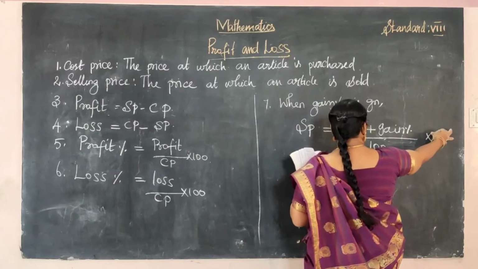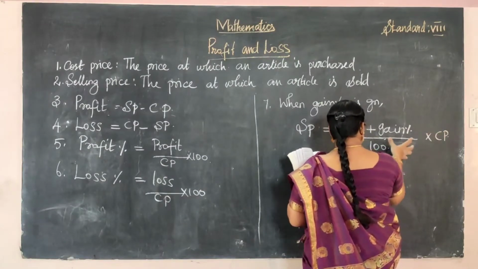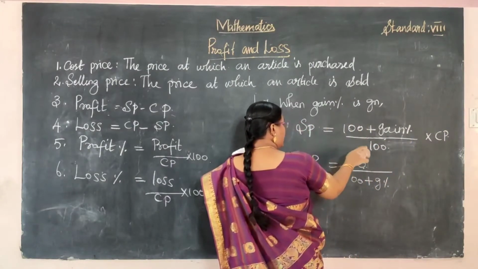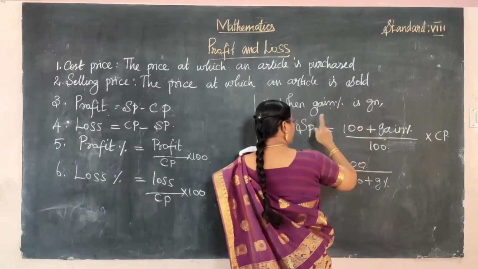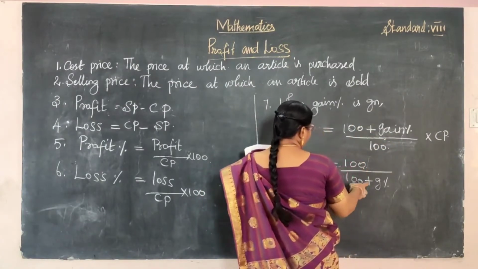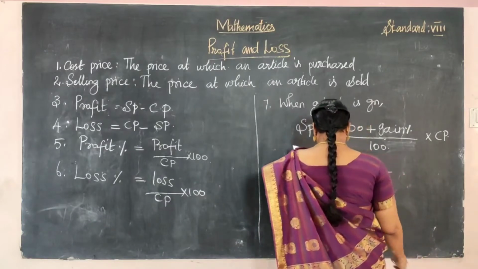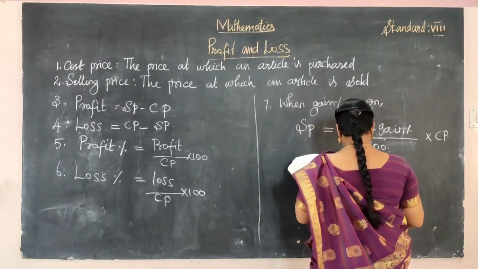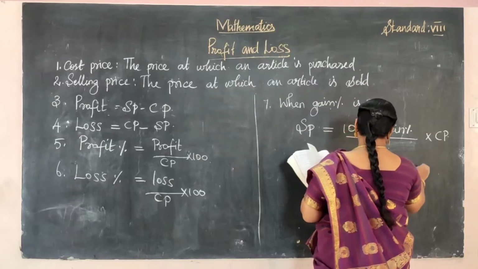We want to find the value of cost price. This term moves to this side: here multiplication moves to the other side as division.